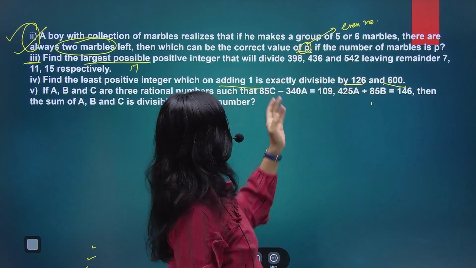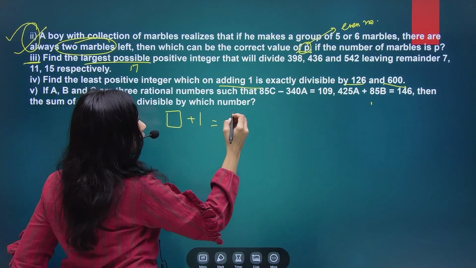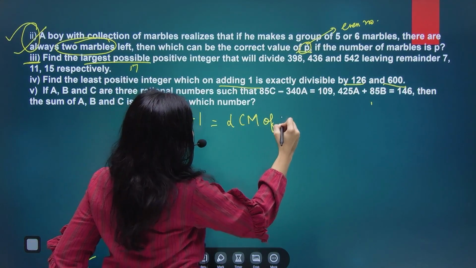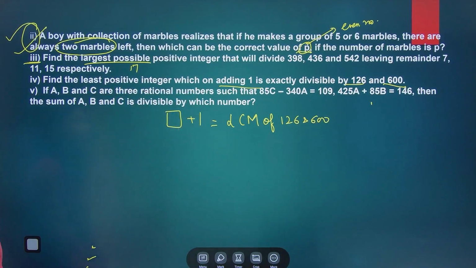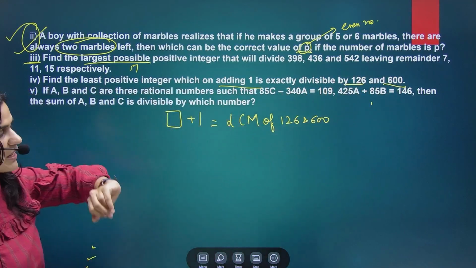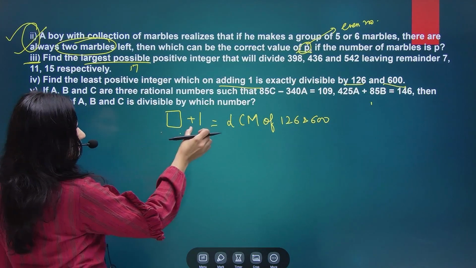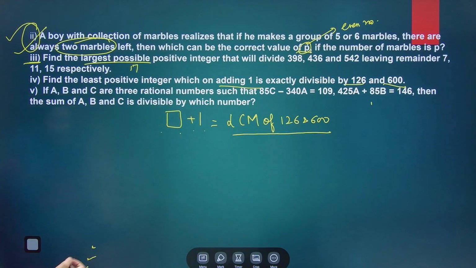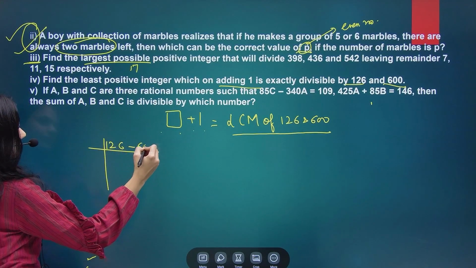Such a number, on adding 1, should be divisible by 126 and 600. A number which is divisible by 126 and 600 is going to be the LCM, the lowest common multiple. So I need a number which on adding 1 becomes the LCM. Clearly I am going to find the LCM of 126 and 600.